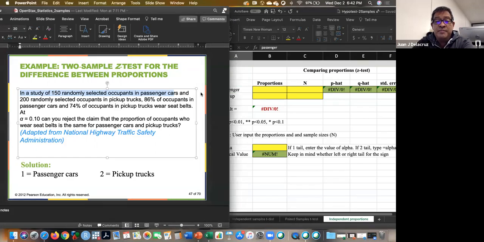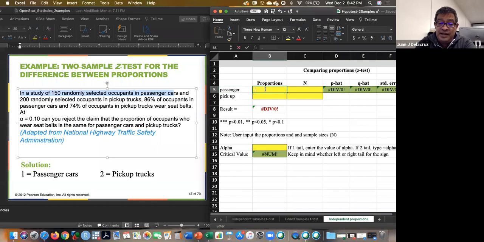We are using 2 different proportions. So 86% of the occupants in the passenger cars wear seatbelts. So here we have 0.86. And in the second one, 74% of occupants in the pickup trucks wear seatbelts. So 0.74.